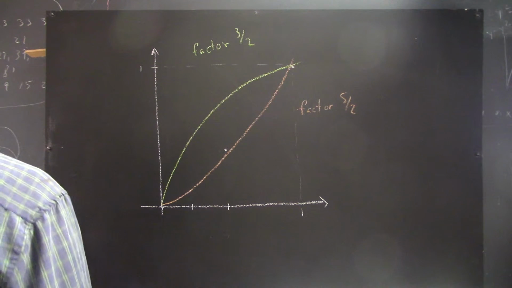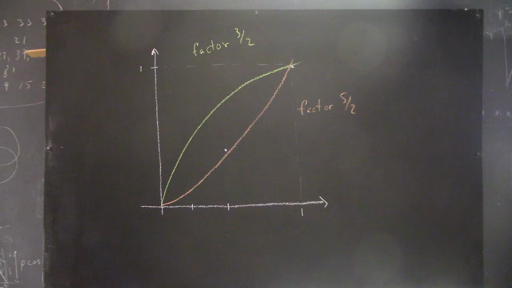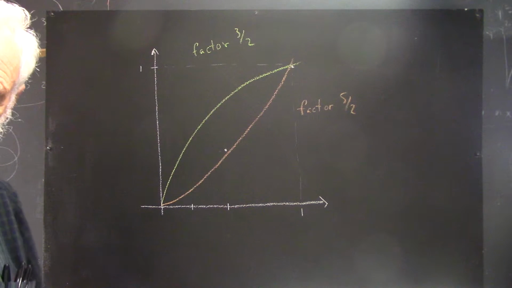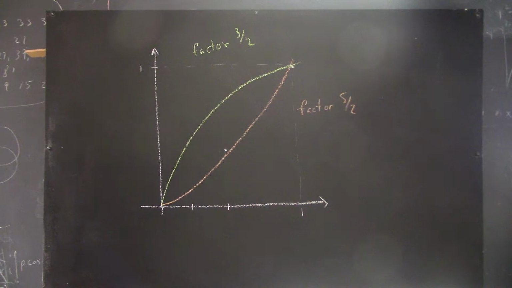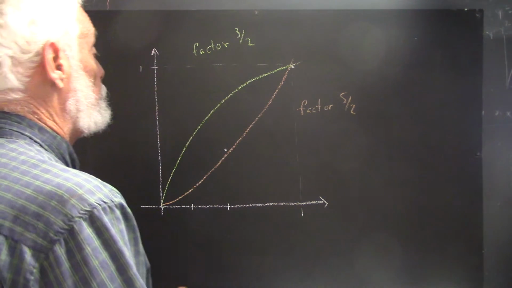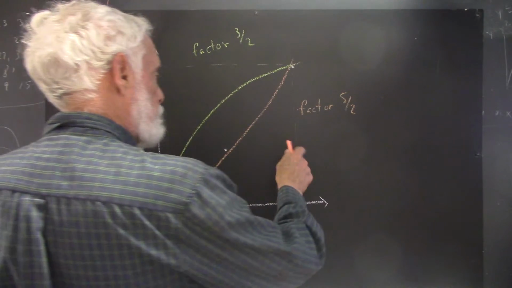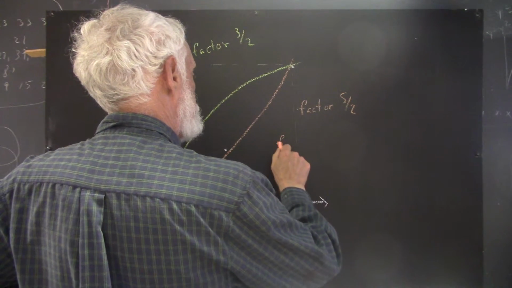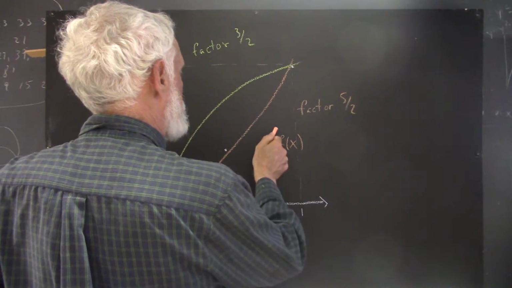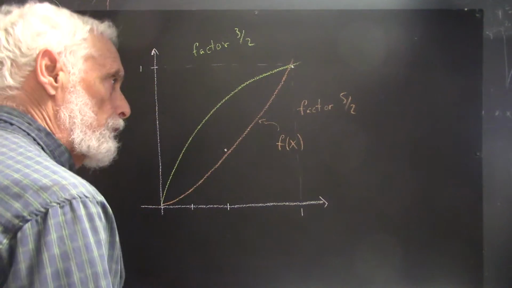Now we're asked to do a number of things. We're asked to estimate f of 1/4, f of 1/2, f of 3/4 for the graph of the, okay, looking for the wrong color. Okay, so this would be our f of x graph according to the instructions.